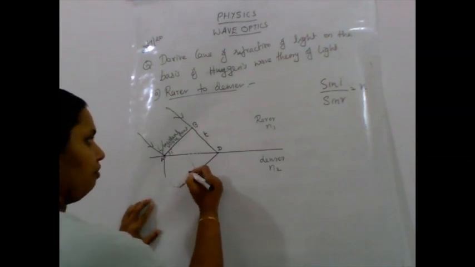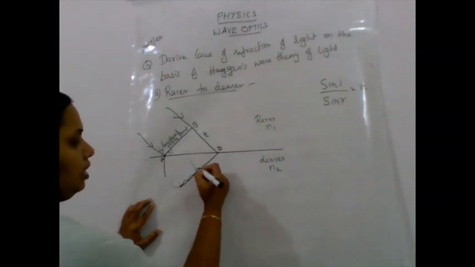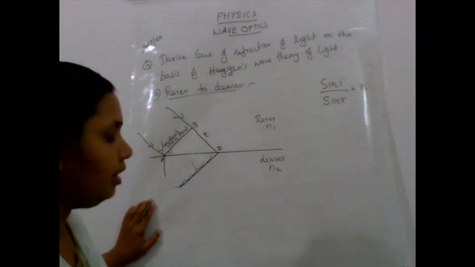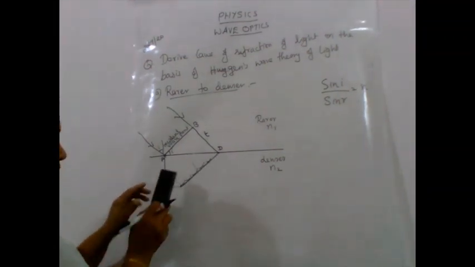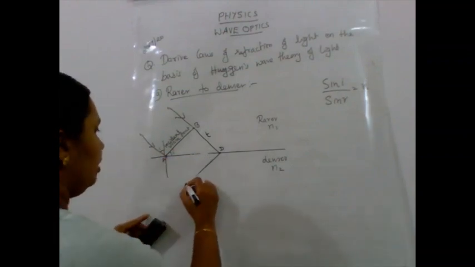Joining this tangent, next tangent, next tangent, like that, you will get the refracted wavefront. Okay, you get a refracted wavefront like this.